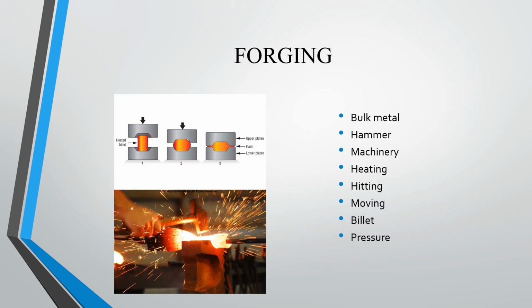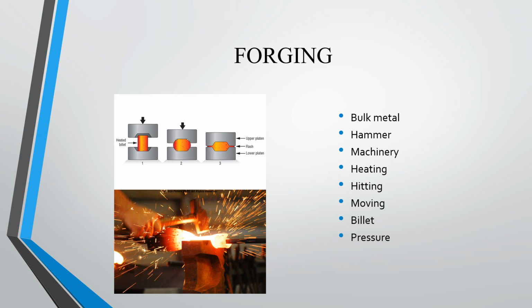Then we have forging. That is something easy to understand, because we use a type of material that is a bulk material, and the normal forging is with a hammer, hitting the piece. Also, at the same time, you have to move the piece to get the shape that you want.